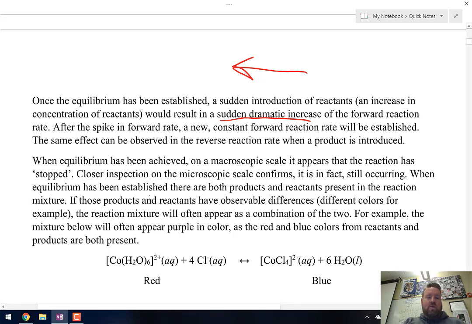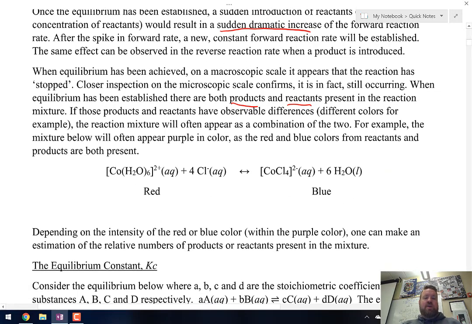So when equilibrium has been established, there are both products and reactants present in the reaction mixture. If those products and reactants have observable differences, for example, they have different colors, the reaction mixture will often appear as a combination of the two. For example, the mixture below will often appear purple in color because you've got an equilibrium system that has this red component in it and also this blue component in it.